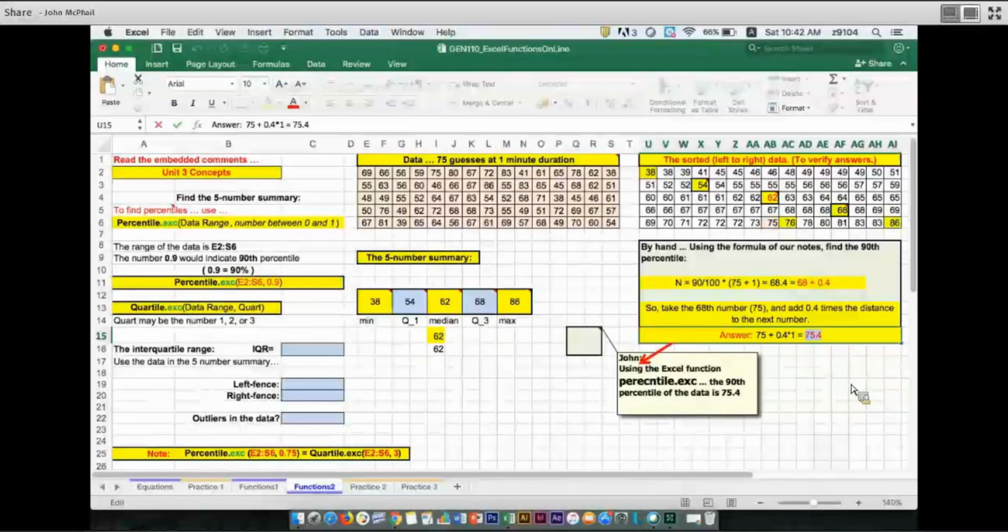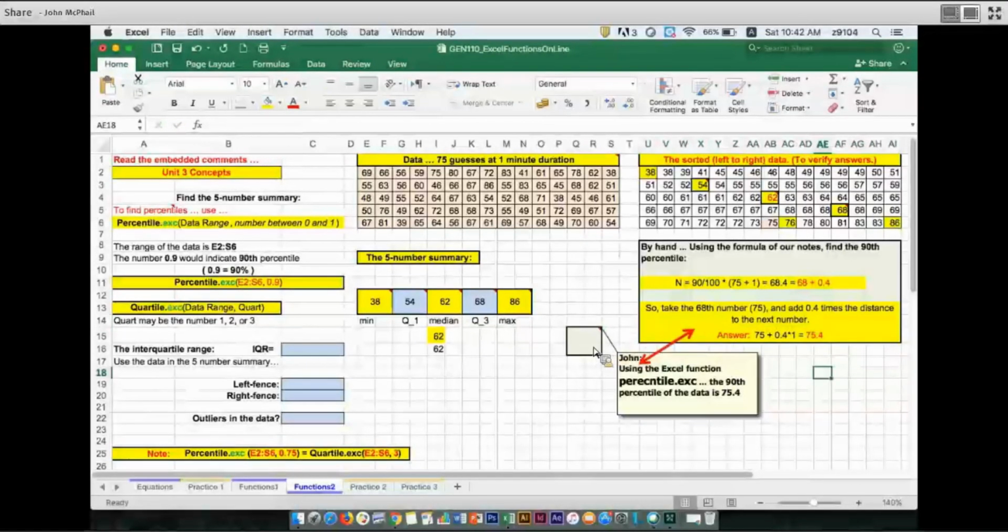Again, we needed sorted data. We needed the formula. We needed an interpretation of decimal positions. Excel has a percentile function.